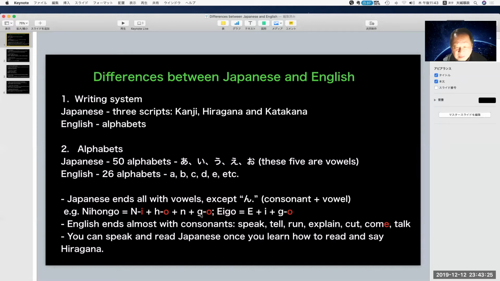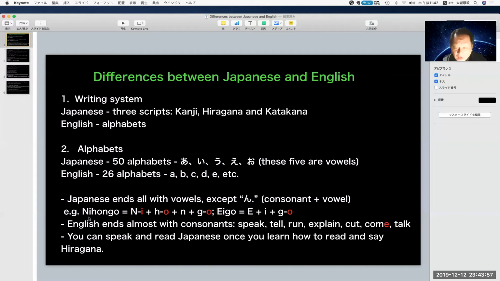And lastly is go, G is a consonant followed by the vowel O. And Eigo, which means English, also consists of E, which is a vowel, I, which is a vowel, so it doesn't count as followed by another vowel sound at all. But lastly is the G, which is a consonant followed by the vowel sound of O.